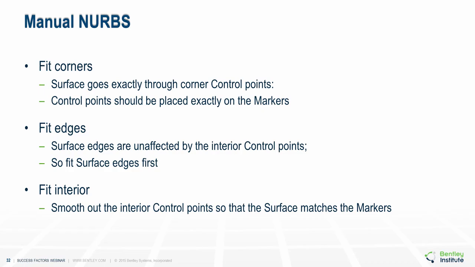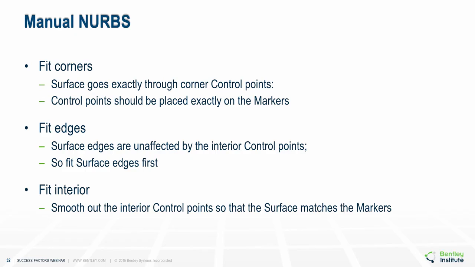Manually fitting surfaces to markers is, in many cases, very time efficient, as humans are actually pretty effective. Also, if you are new to the MAXSURF fitting tools, manually fitting surfaces is a good starting point because it gives you a good feel for what shapes can be achieved with a NURB surface. Remember that the fitting tools can only assist you and speed up your workflow, but they won't magically make your NURB surface fit your markers if it wouldn't be possible to achieve the same surface shape by manually manipulating the control points.